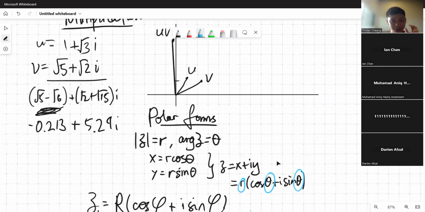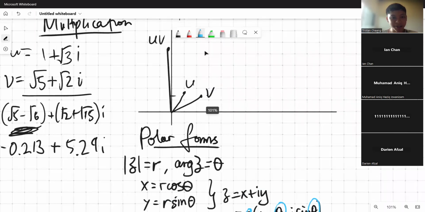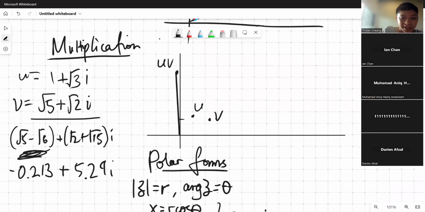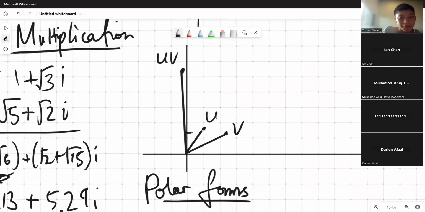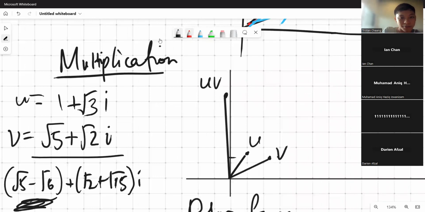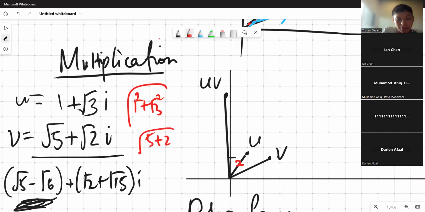So it's quite non-intuitive to see how this happens, but the maths tells us it works. So what it's saying is that, what's the length of u, for example? The length of u is exactly 2, right? 1 squared plus square root 3 squared, square root, that's 2. And then the other one, 5 plus 2, that's square root 7.